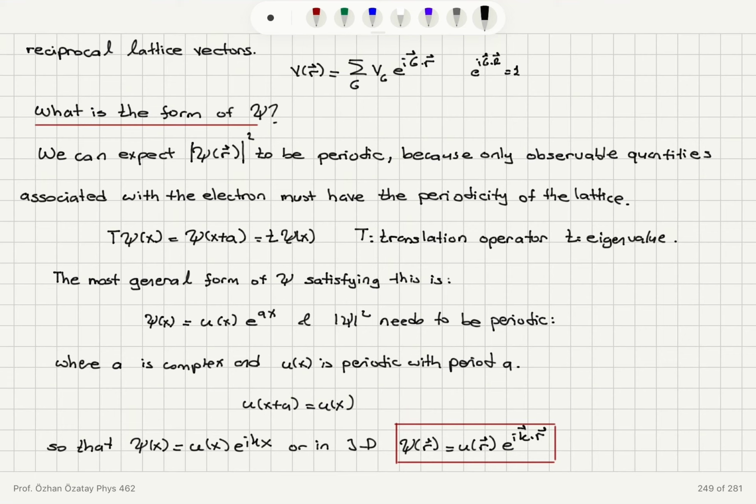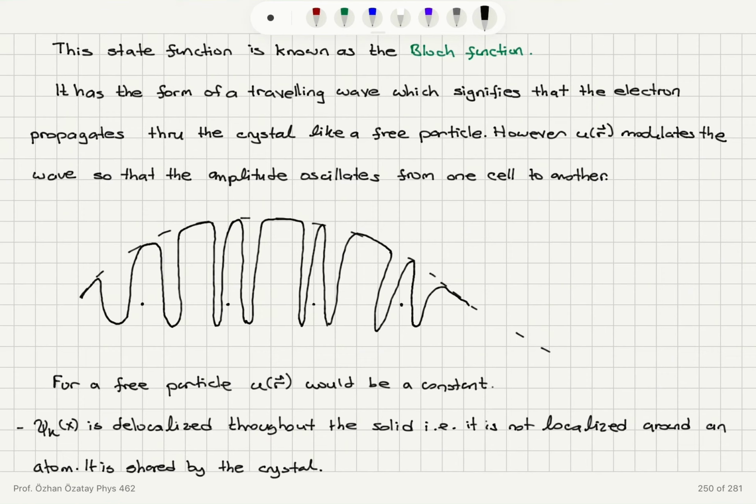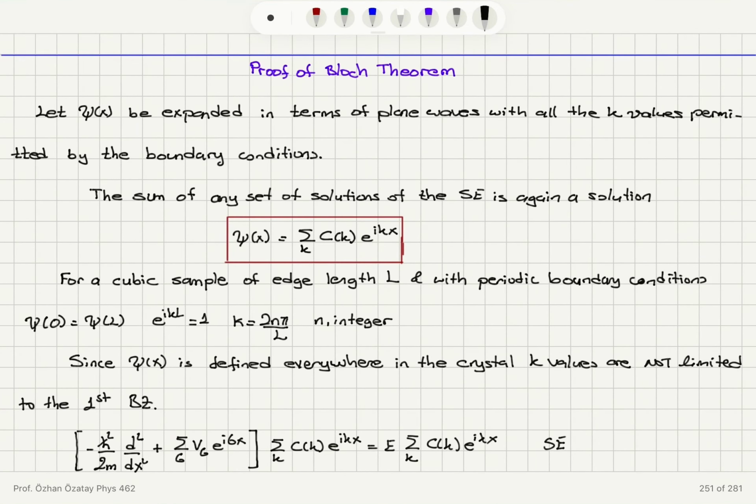If you recall, we had the electron density expanded like this into a Fourier series, and the form of the wave function that satisfies this condition is called the Bloch wave function, which has a function of position that is periodic with lattice translation vectors, u of r, times a plane wave, the traveling wave e to the i k dot r. These Bloch functions are basically traveling wave solutions that are modulated periodically with this function u of r. It is delocalized throughout the crystal.